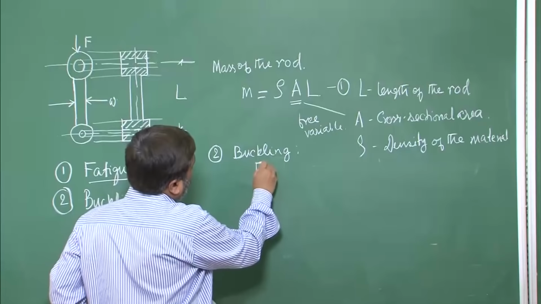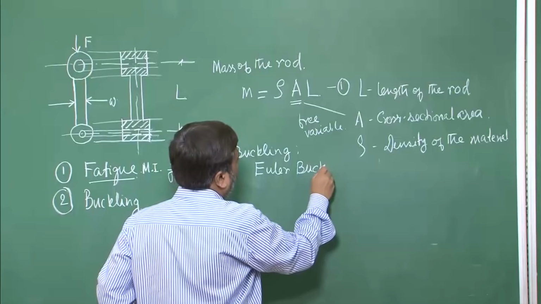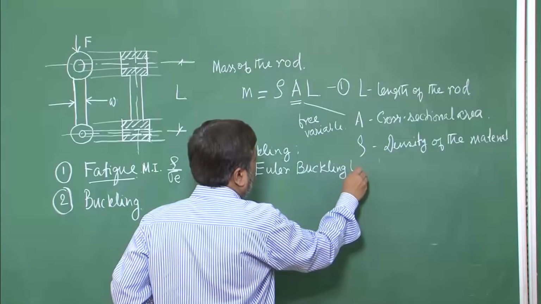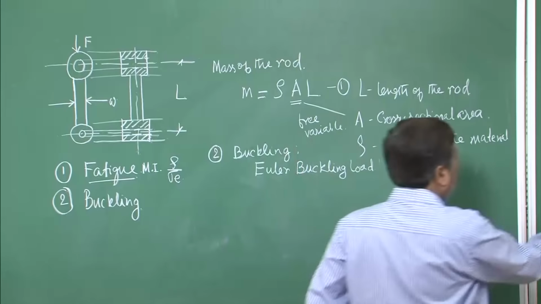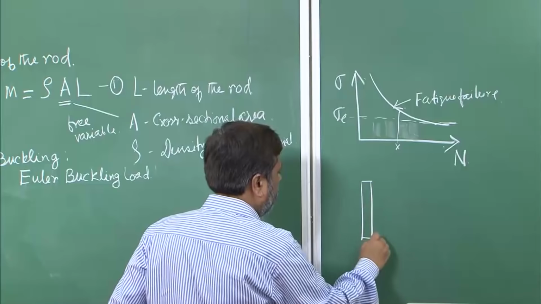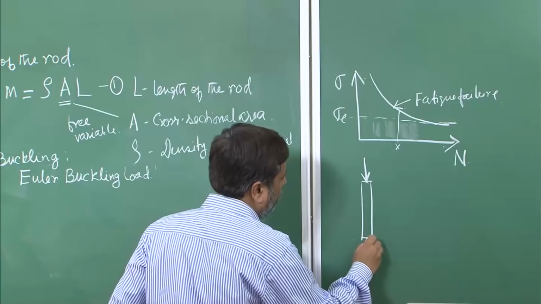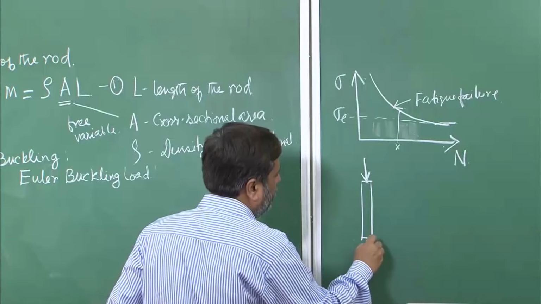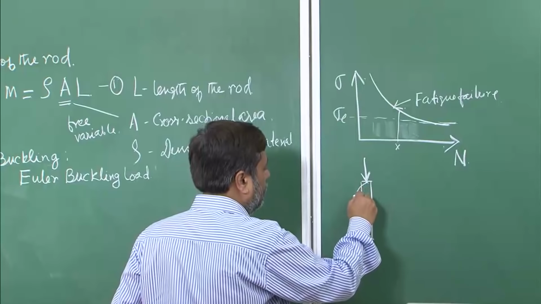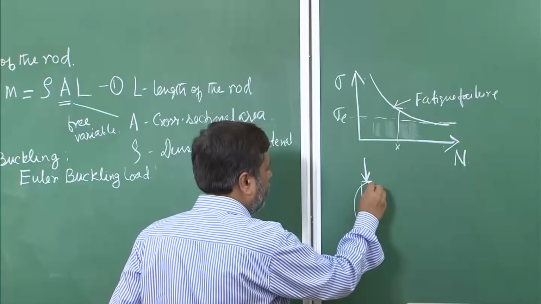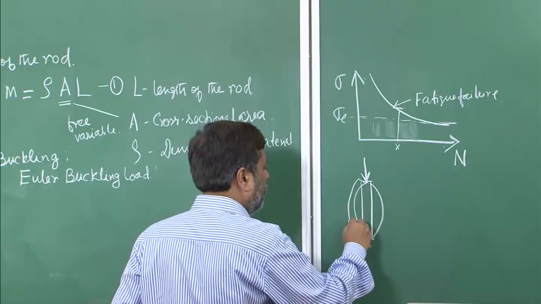The Euler buckling load is the first critical load when a compressive member is subjected to a compressive force. Whatever the boundary condition, it could be pinned, and it deflects either this way or this way. That is the first buckling mode.